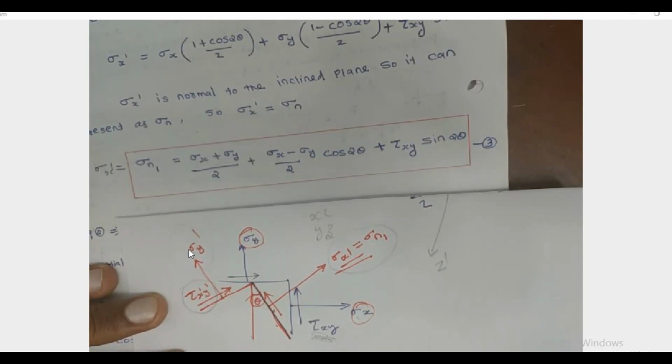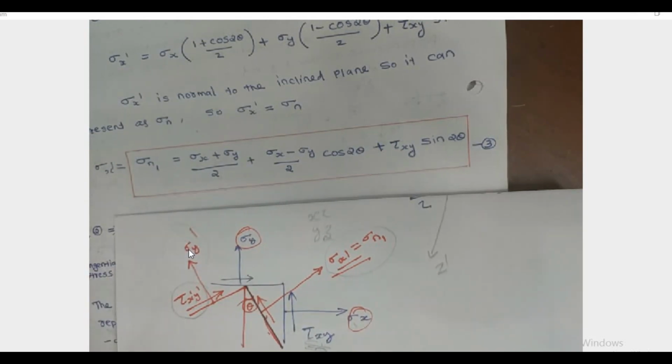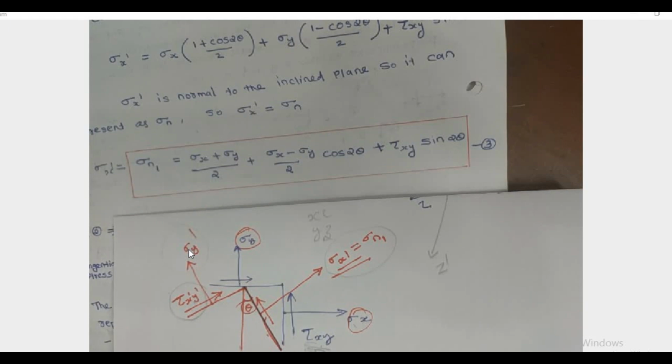So these are the three equations. Using these three equations, we can calculate the stress on any plane that is at an orientation theta degree with the original xy planes. Okay.